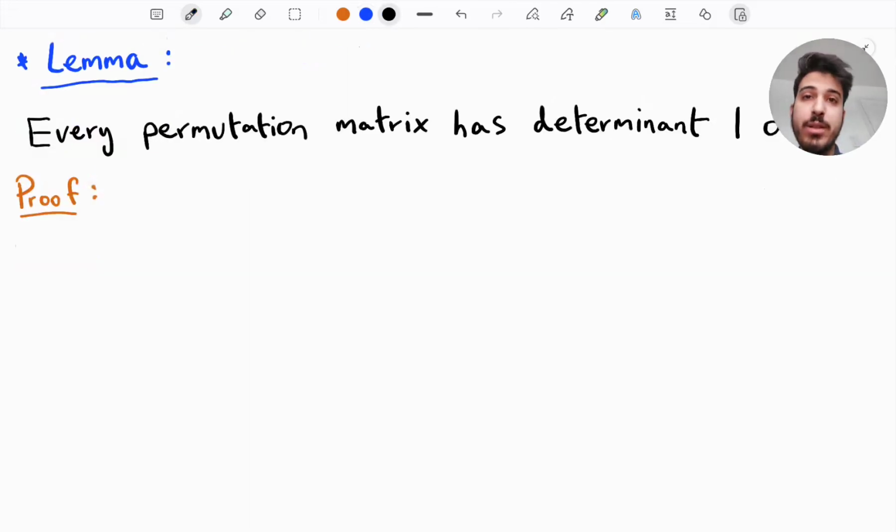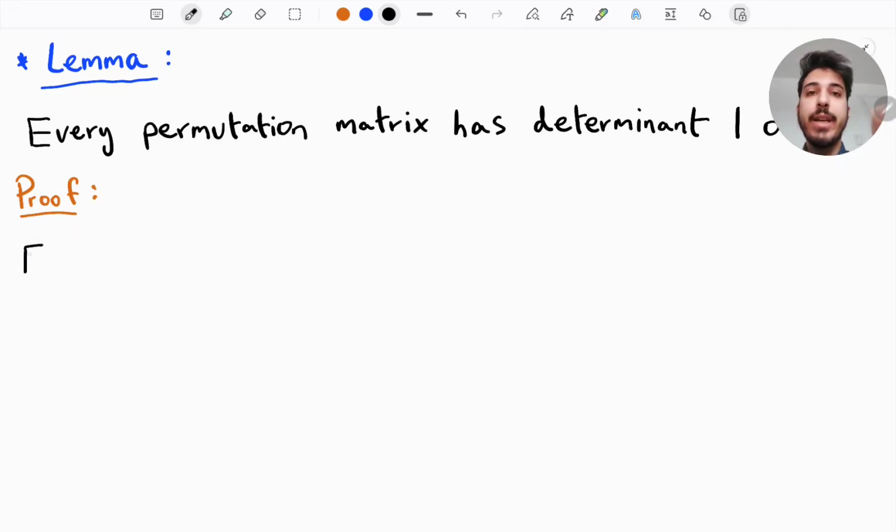So to prove this lemma, if you know your linear algebra well, we can perform row operations on any matrix to go from a certain matrix to another matrix, and then we can multiply certain factors by the determinant to obtain the determinant in an easier way. So in fact, this is what we're going to be doing.